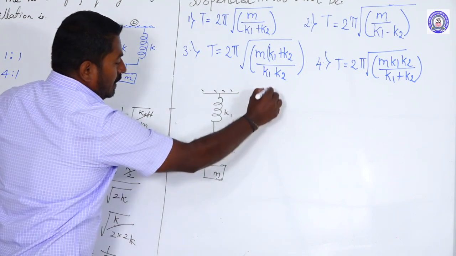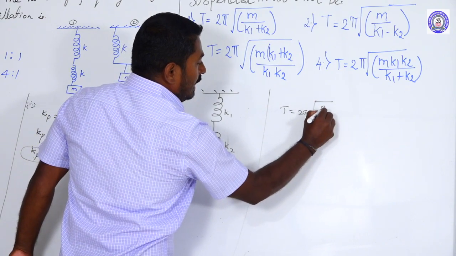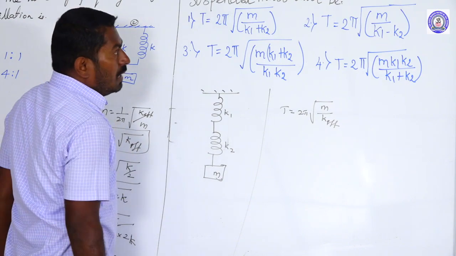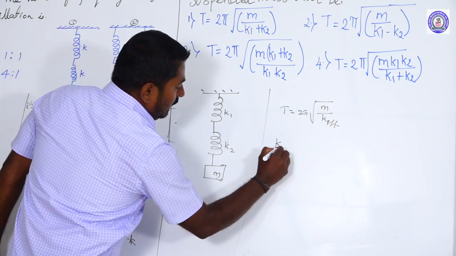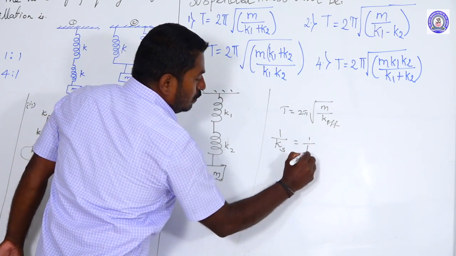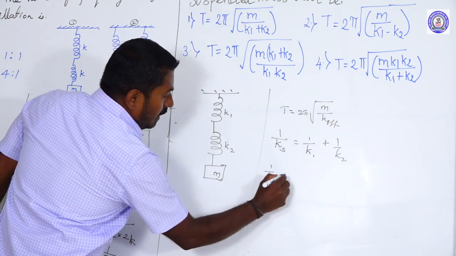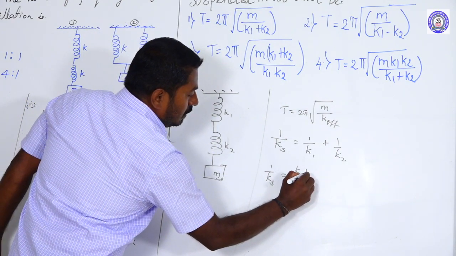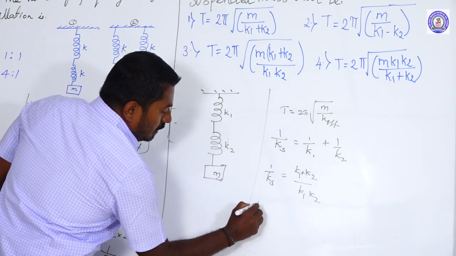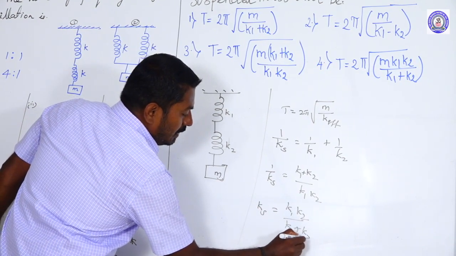Here the time period of oscillation T is equal to 2 pi square root of m divided by effective spring constant. If both springs are coupled in series, the reciprocal of the effective spring constant is 1 divided by K1 plus 1 divided by K2. So 1 divided by Ks is equal to K1 plus K2 divided by K1 K2. Then Ks is equal to K1 K2 divided by K1 plus K2.